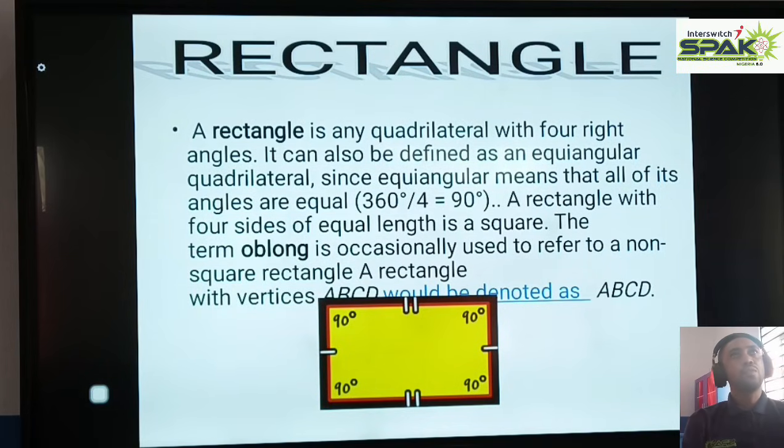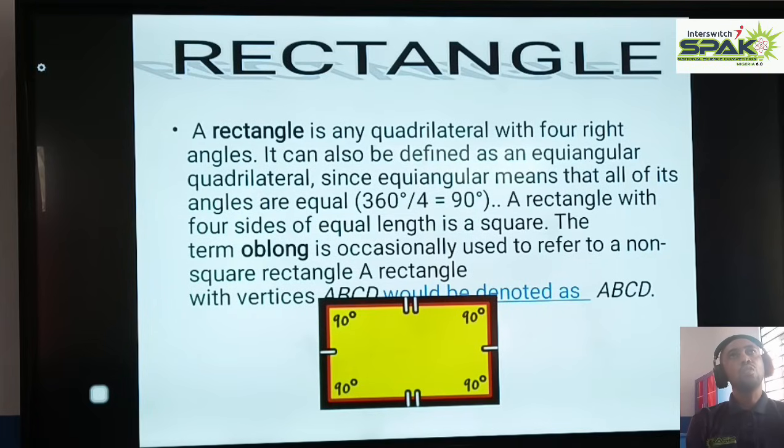Then we'll move to a rectangle. What is a rectangle? A rectangle is any quadrilateral with 4 right angles. It can also be defined as an equiangular quadrilateral, since equiangular means that all its angles are equal. That is, 360 degrees divided by 4 gives 90 degrees.